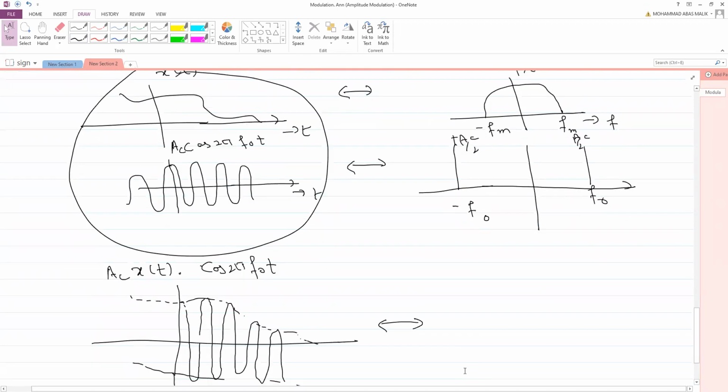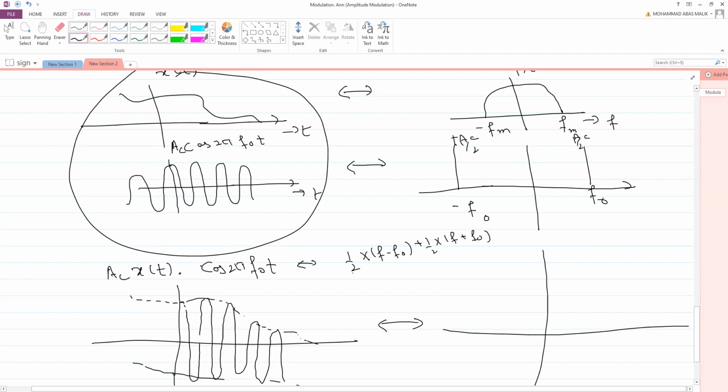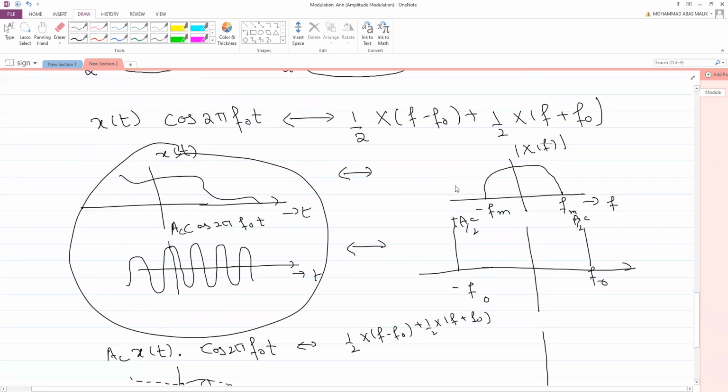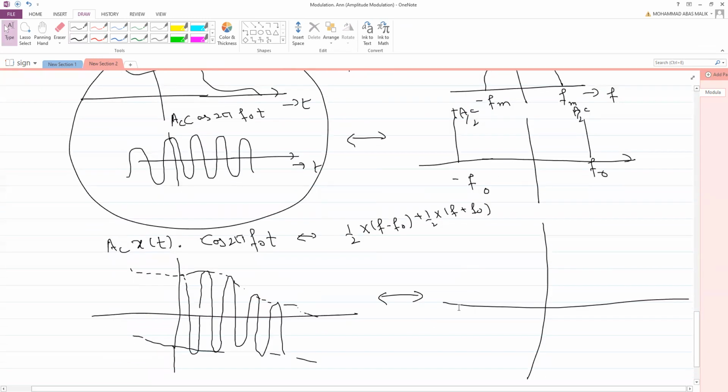You can simply apply the shifting property, because the final value you are getting is 1 by 2 x of f minus f naught plus 1 by 2 x of f plus f naught. And this is your x of f. Now you are shifting this x of f towards right and left by f naught. Can anybody tell me what the spectrum will look like?